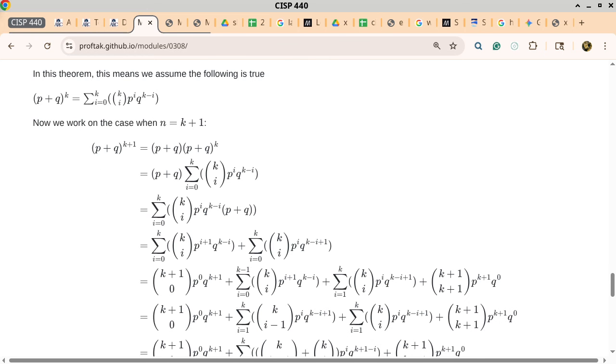So we start with (p plus q) to the power of k plus 1, which is rewritten as (p plus q) times (p plus q) to the power of k. But because of the induction hypothesis, we can now rewrite (p plus q) to the power of k into this form over here.